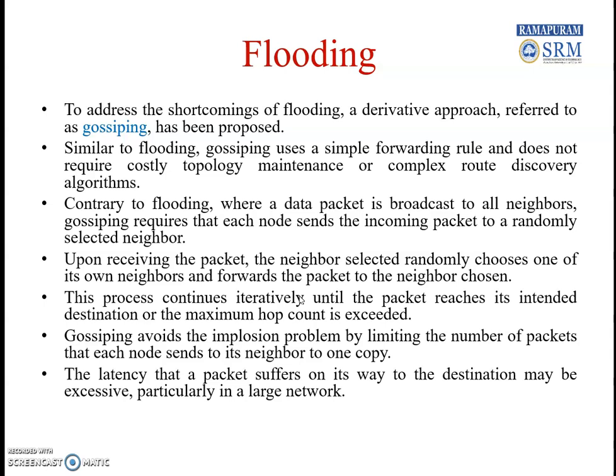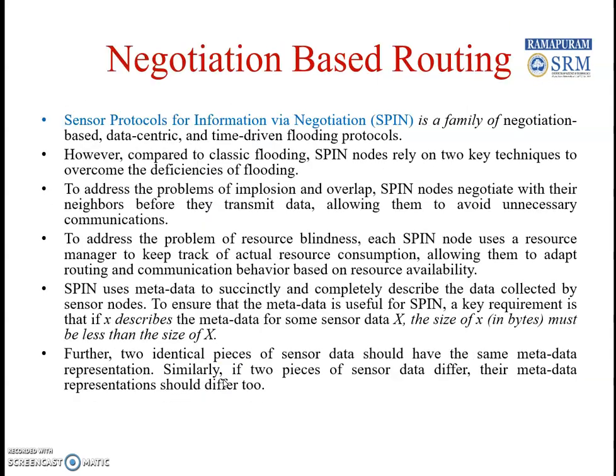Once the data packet is received by that randomly selected neighbor, again it will select one random neighbor from its neighbors and transmit. This process continues until all the nodes in the network receive a copy of that particular data packet. So gossiping is an alternative approach to flooding.